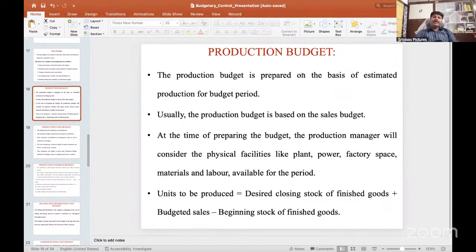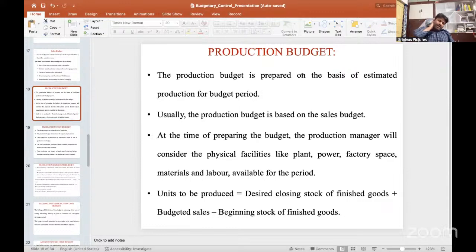At the end of preparing the production budget, the manager will consider the physical facilities like plant, power, factory space, materials, and labor available for the period. All of these are considered because they influence the production.